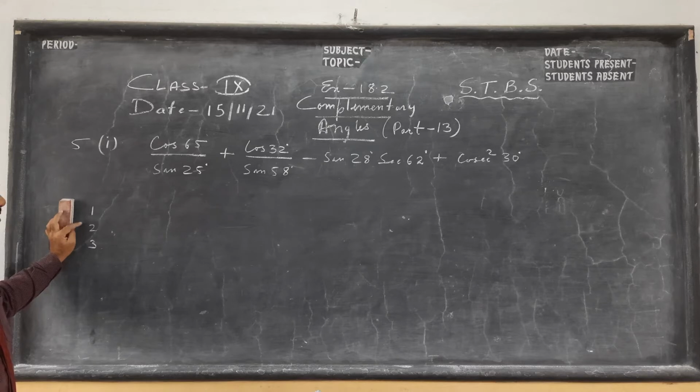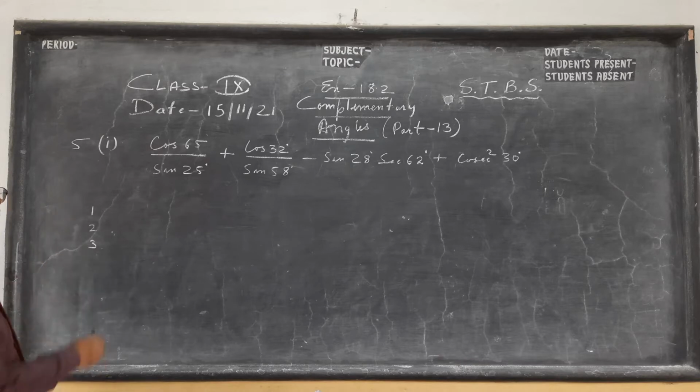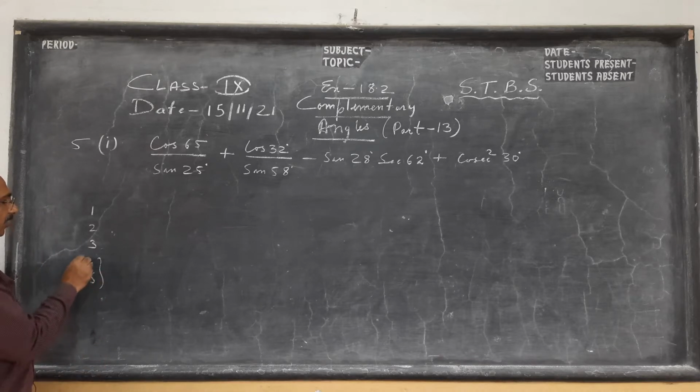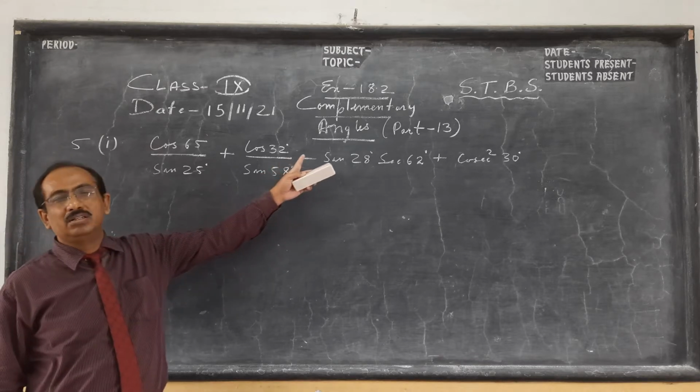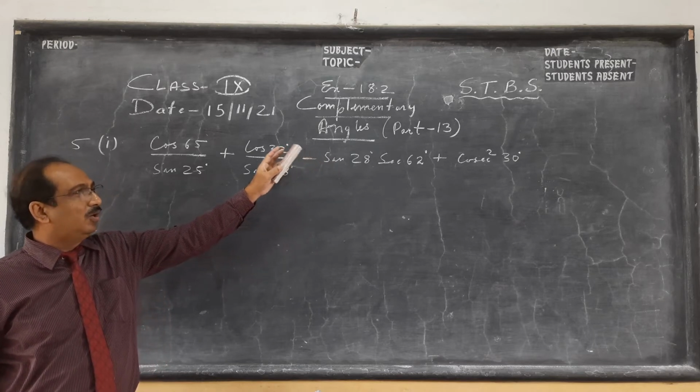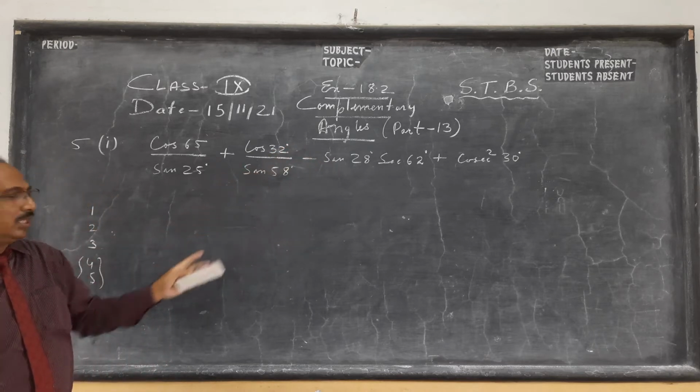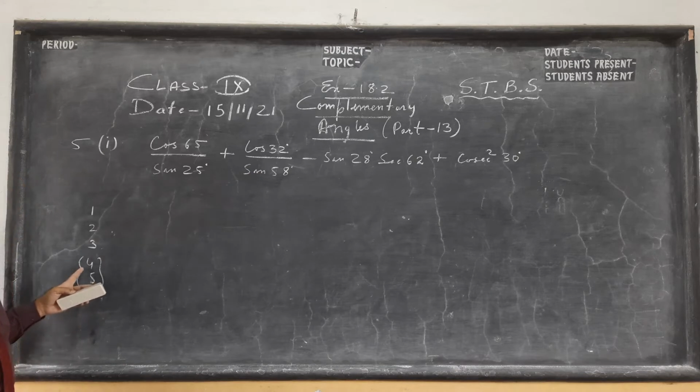What we learn in trigonometry: the 6 trigonometrical ratios, sine, cos, tan and so on. Then in 4 and 5, I have given you an introduction to complementary angles: what a complementary angle is, how we get it, and a few applications in video 5. Video 4 is the concept.